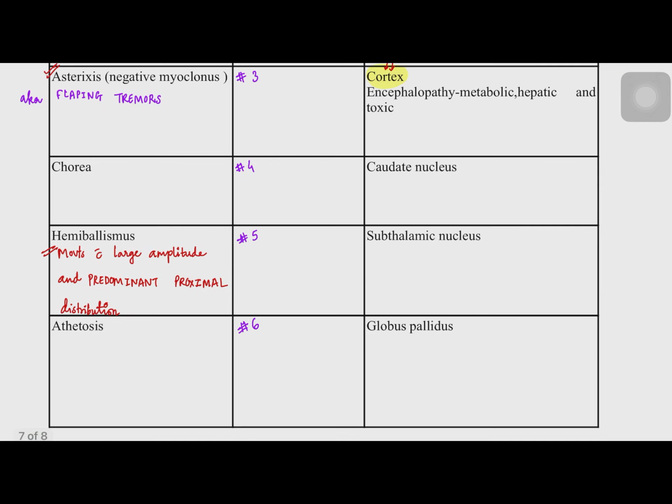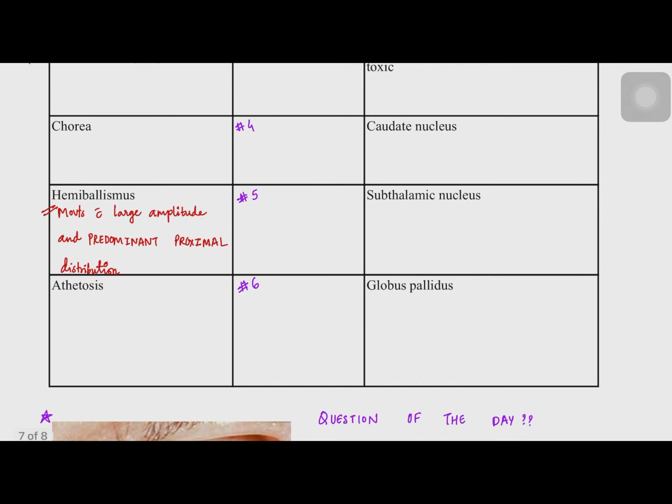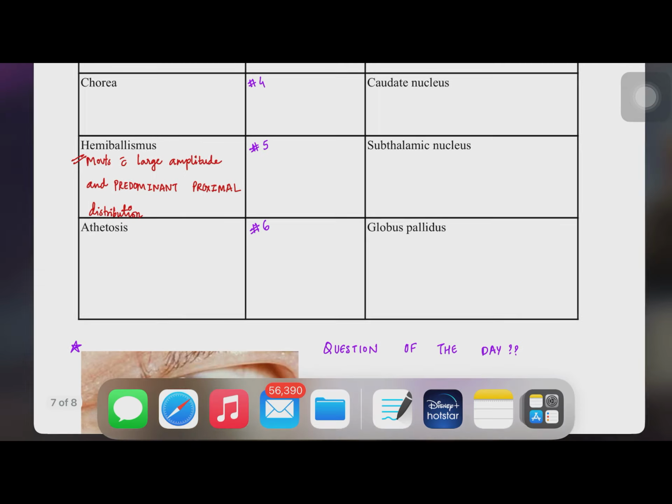Now the next movement disorder which we are going to discuss is hemibalismus. Basically, when the movements are of large amplitude and predominantly proximal distribution, the term ballismus is used. So movements like chorea, but predominantly proximal in distribution and of large amplitude, are known as hemibalismus.